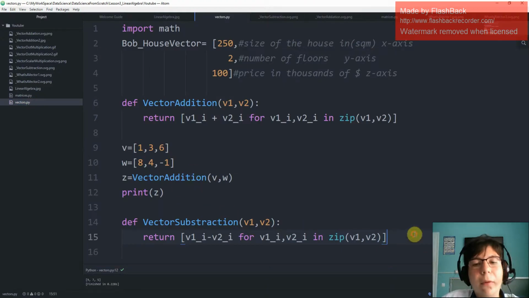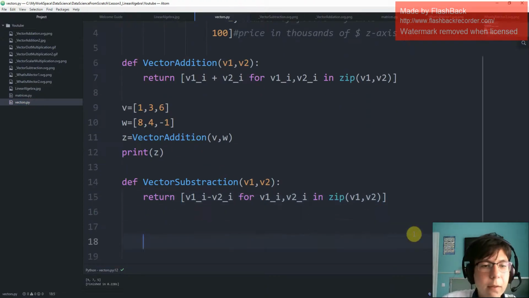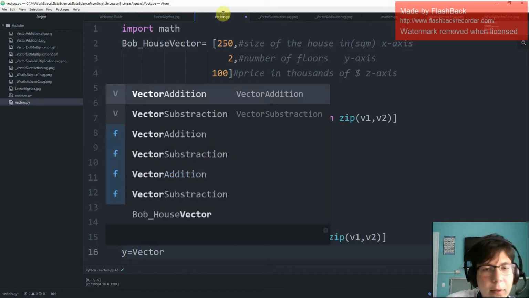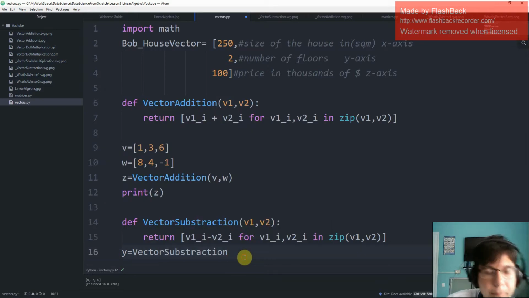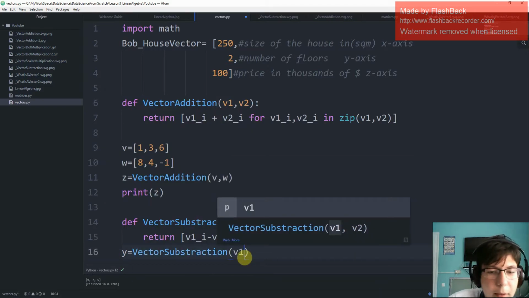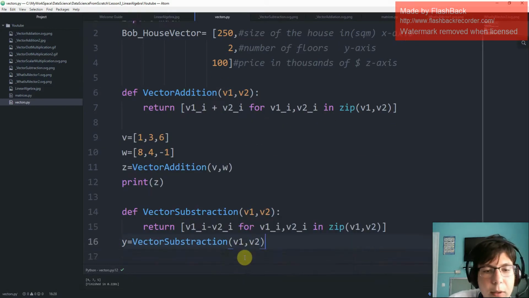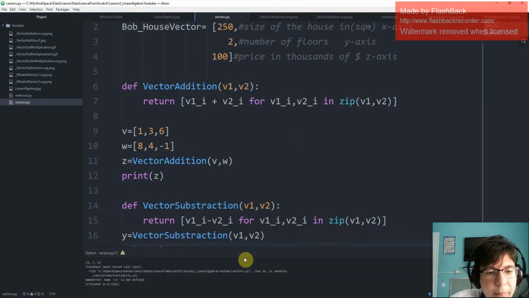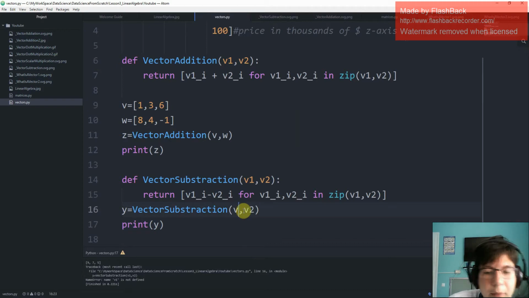Now let's test our function. Let's define the vector y to be equal to the result of v1 minus v2, and let's print our y vector. We don't have v1, we have v and w.